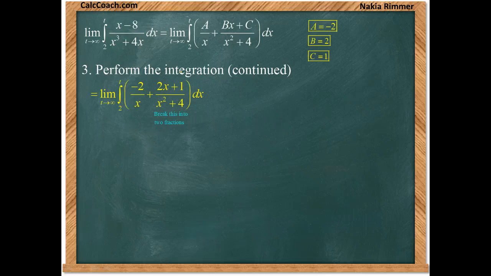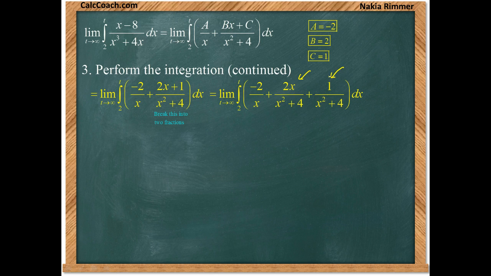We have it as 2x over that x squared plus 4 and 1 over that x squared plus 4. Reason being is that it'll be advantageous for us to attack this integral with a u substitution, and the other integral is actually in the format that's ready to be an arctan.